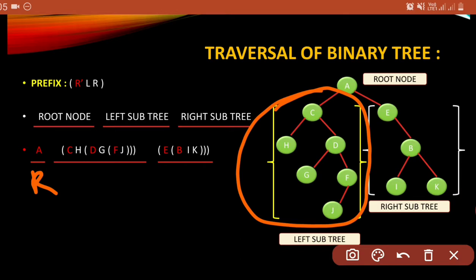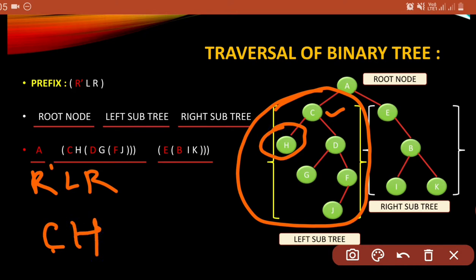And in this we are having a root node, that is C. That's why we have to write root, left and right. How are we going to write? C is root, then the left part is H, then we have to write H. That's why I'm writing C, H. Red color for root.